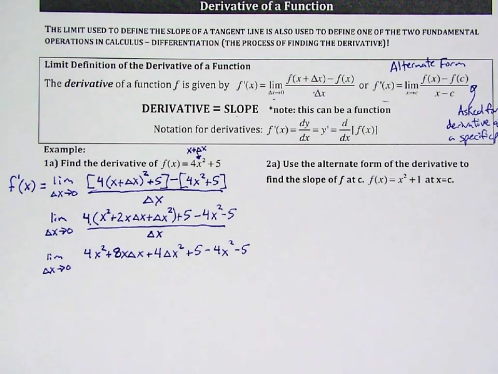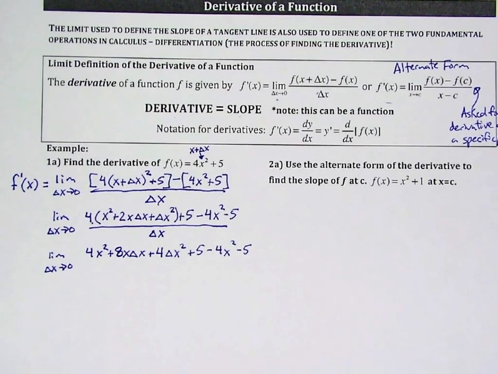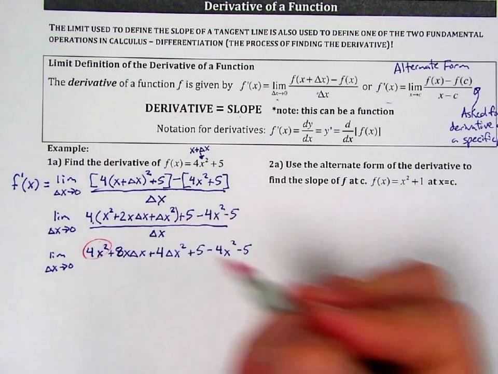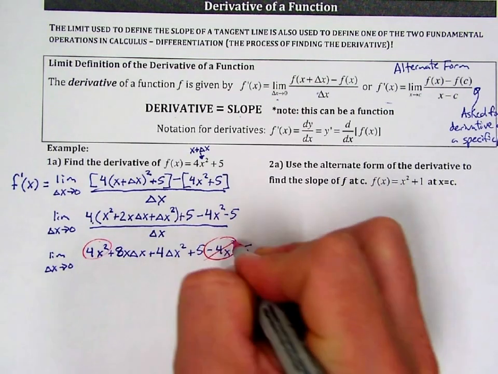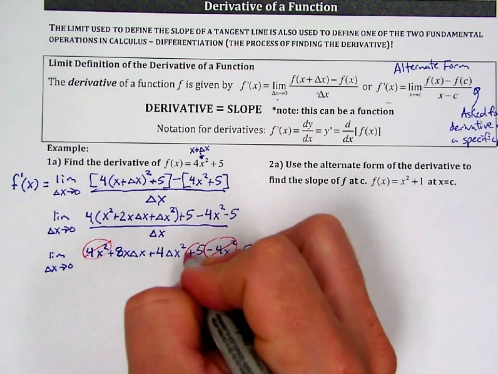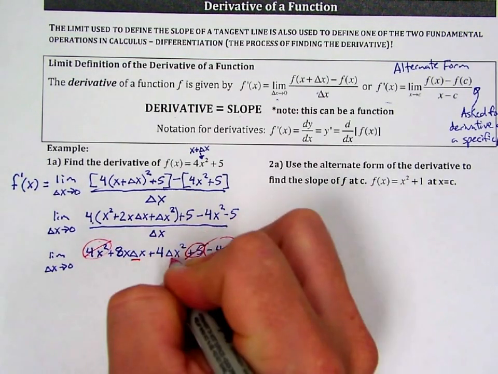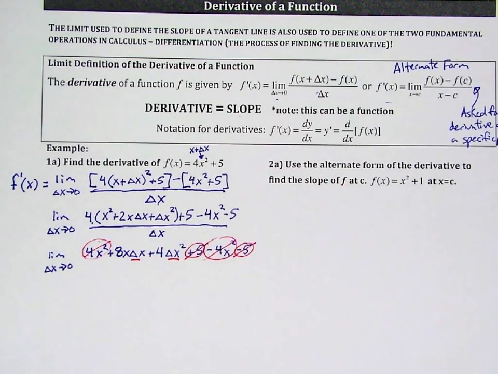Now watch as the constants and any terms with only x disappear. So we have our 4x squared here and a negative 4x squared here. So those are gone. We have a plus 5 and a minus 5. Those are gone. And we're left with only terms that include delta x.